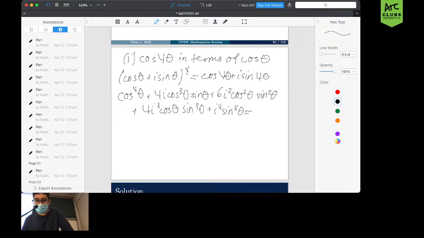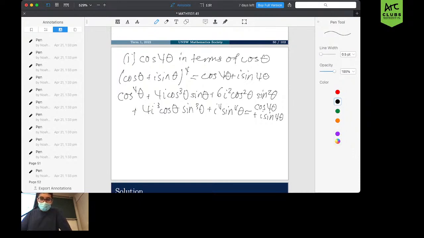And that's equal to, like we said before, cos 4 theta plus i sine 4 theta. The way I did that, I just used the binomial theorem and remembered the Pascal coefficients 1, 4, 6, 4, 1. And then it becomes easy to expand.